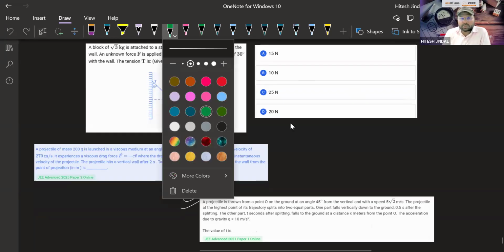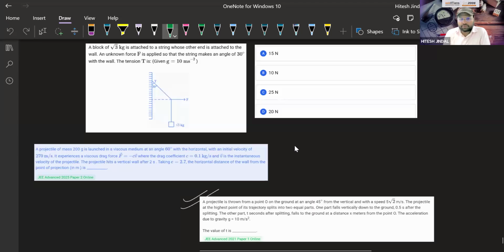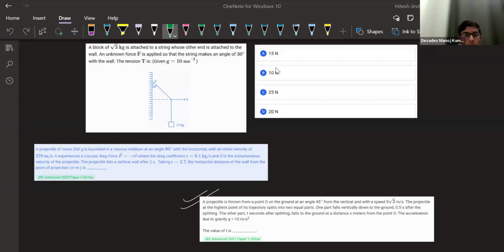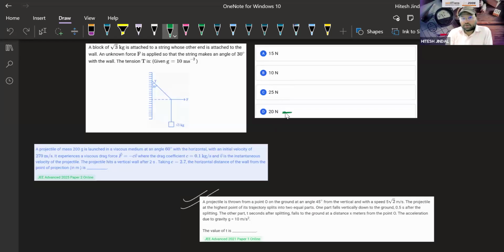What is the answer to this one? Yes guys, what is the answer to the first one? Sir, 20. What is the answer you're getting? Sir, I got 20 newtons. 20 newtons. Okay. What about other people? Same answer you're getting?